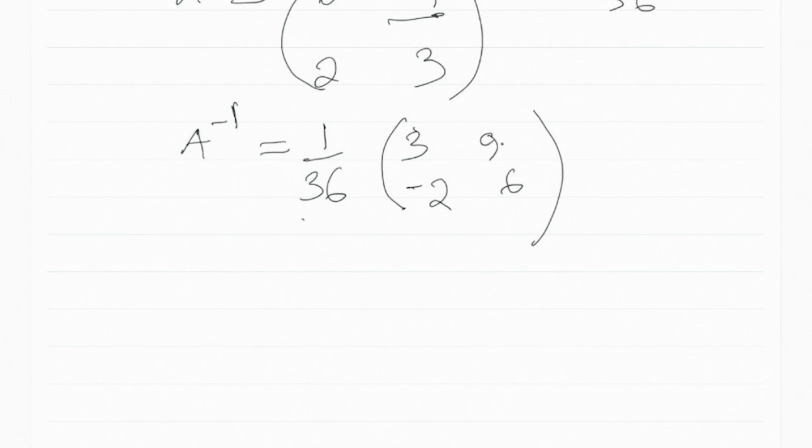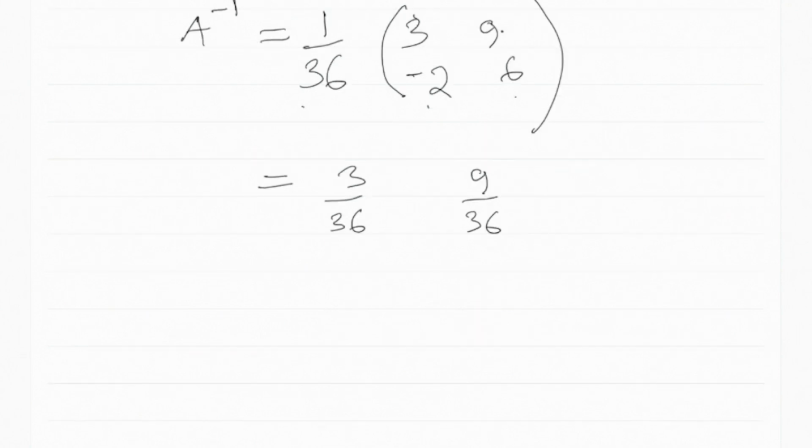If we do that, we'll have 3 over 36, 9 over 36, negative 2 over 36, and also 6 over 36. This is the matrix that we are going to obtain.